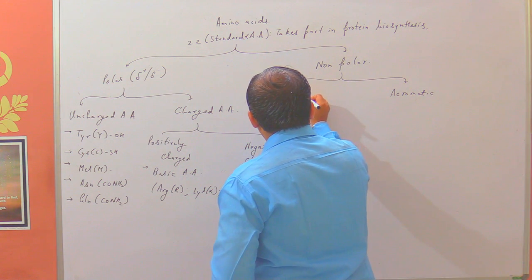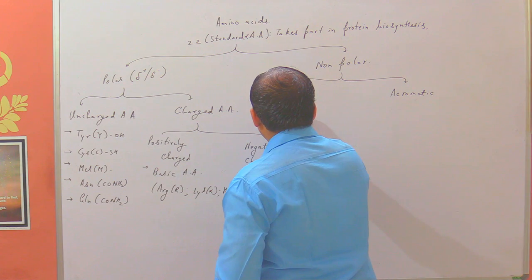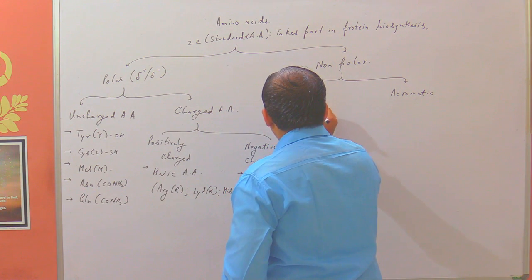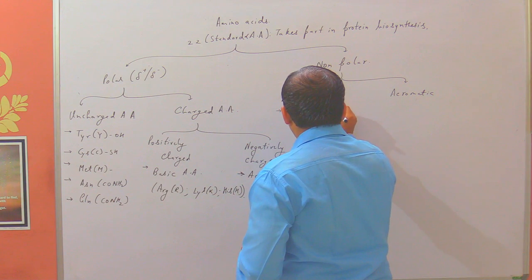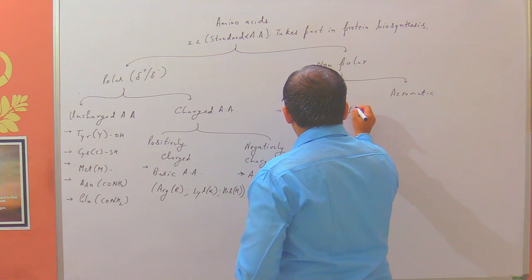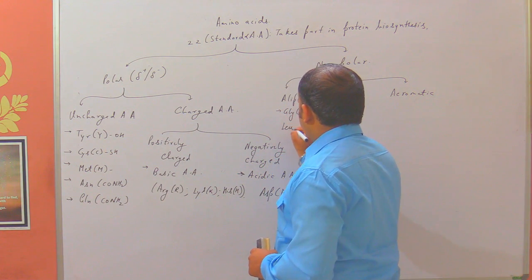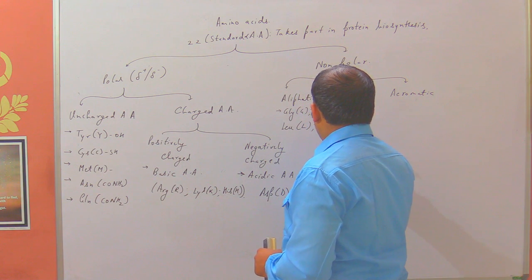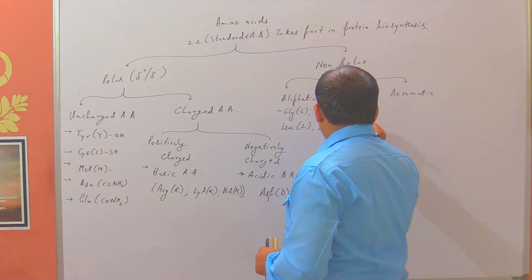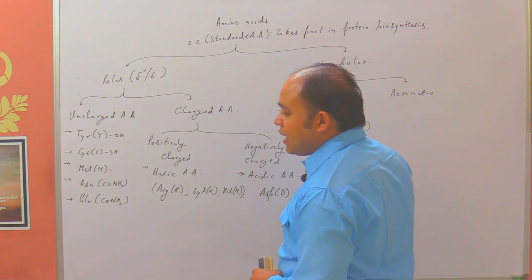Now, which are the aliphatic? Glycine, alanine, valine, leucine, isoleucine, proline. They are all aliphatic in nature.